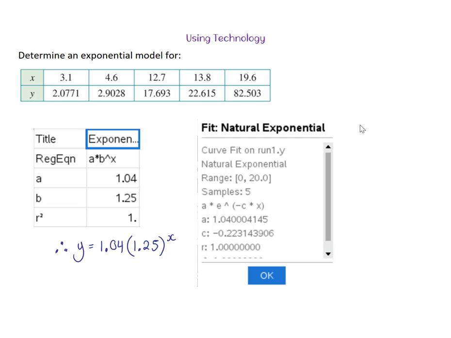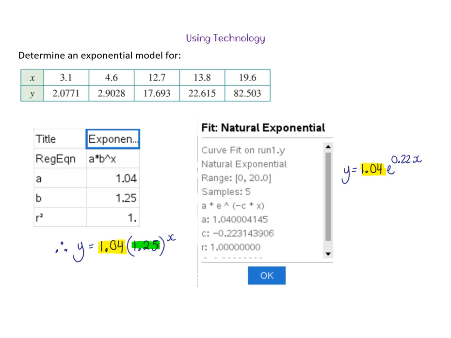So that's the information I got, which means my model is Y equals my A value 1.04 e to the, now negative because it says negative C and C is negative, so that's 0.22x. Now you'll notice comparing it to our model that we found previously, there's your 1.04, which matches.